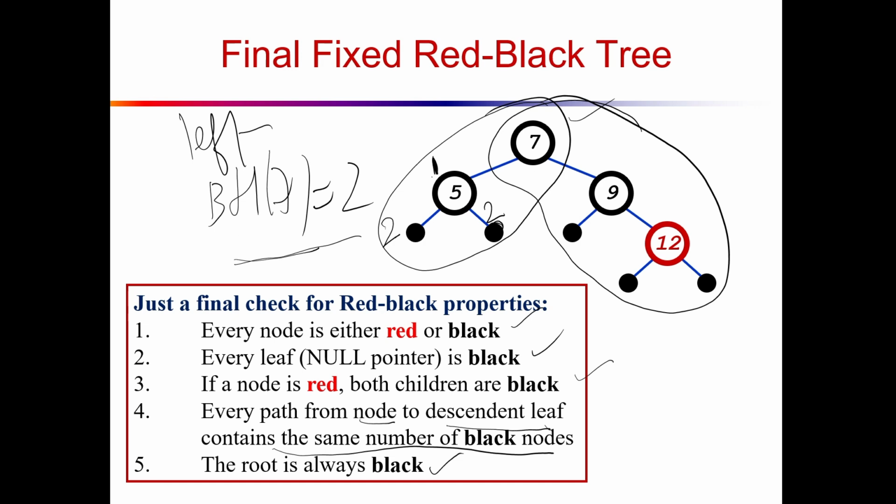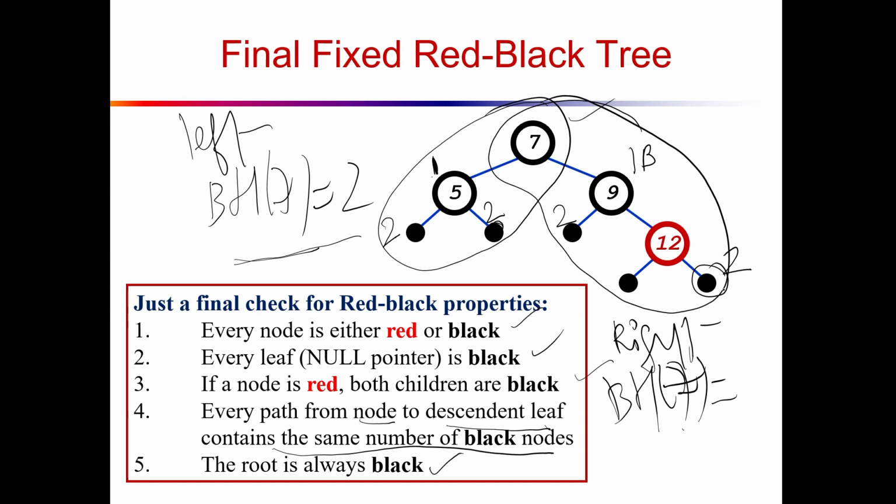Alright. If I go towards the right subtree, let me compute the black height of node 7, definitely not including the node itself. So I have one black node at node 9 and another black node as the left leaf node of node 9. So the black height over here is 1 and 2. If I go down, I have 7, 9 and the right leaf node of node 12. So one black node for 9 and another black node for the right leaf node of node 12.